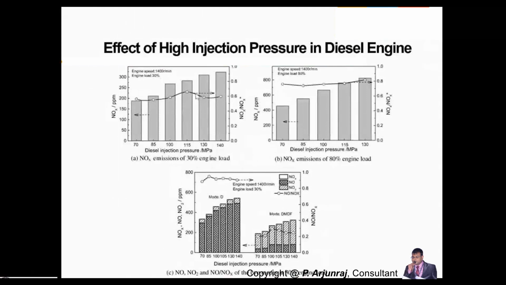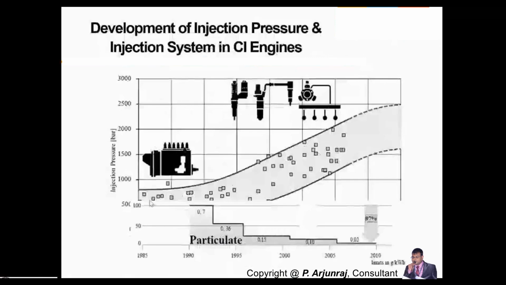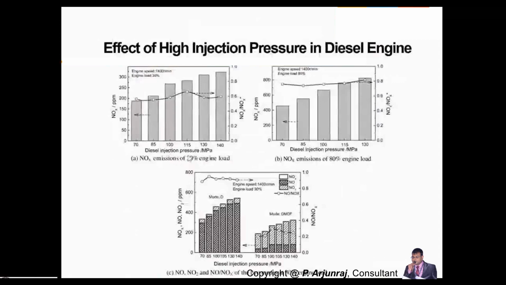Okay, and there is some decline here, and they are going to do some optimization in terms of the calibration activities. But generally, see, the particulate matter is going to get decreased, and the NOx is going to get increased. And this is with respect to a different scenario actually.